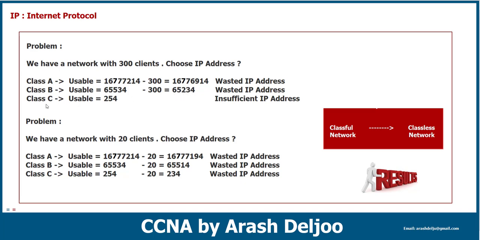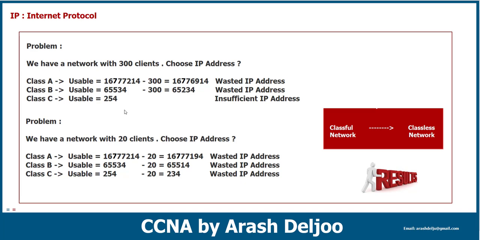If you use class C, you don't have sufficient IP addresses in one class C because we need 300 clients. Because of that, if we use class A and class B, we are wasting many IP addresses. And we can't use class C either, because class C only has 254 IP addresses. Here we have a problem.